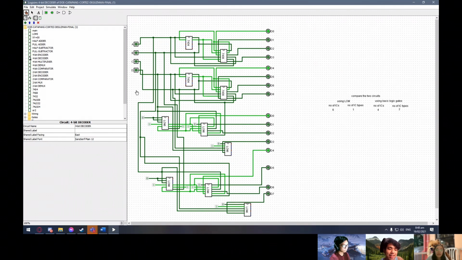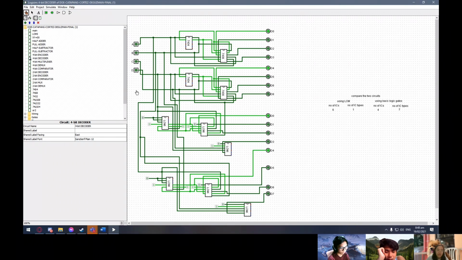Our 4-bit decoder is a combinational logic circuit that is used to change the code into a set of signals. It is the reverse process of an encoder. A decoder circuit takes multiple inputs and gives multiple outputs.